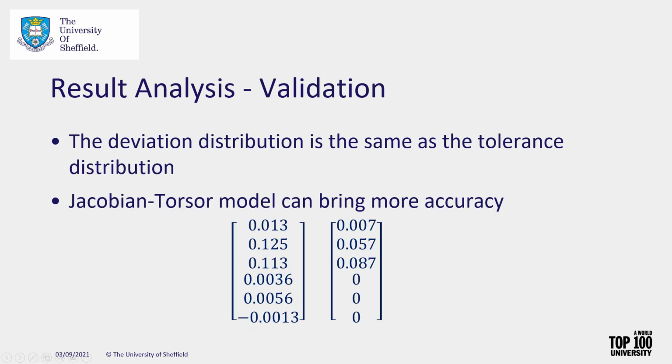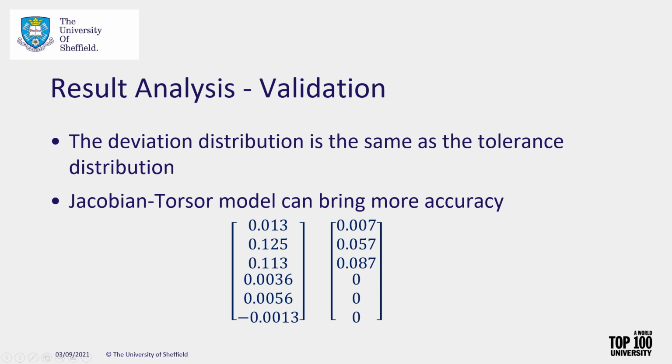As for model validation, the deviation distribution is the same as the tolerance distribution, so the model is correctly implemented. The left matrix shows the result from the Jacobian-Torsor method. The right matrix shows the result by the deterministic tolerancing method, where only the translational tolerance is considered.